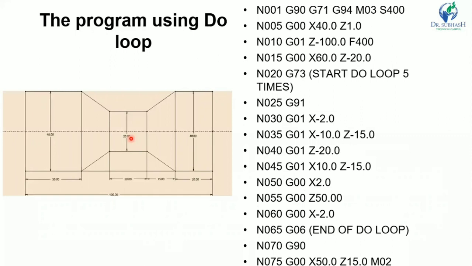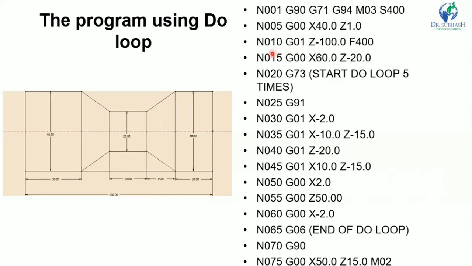So now let us understand: G90 absolute mode, G94, M03, and spindle speed is 400. Then X40 Z1.